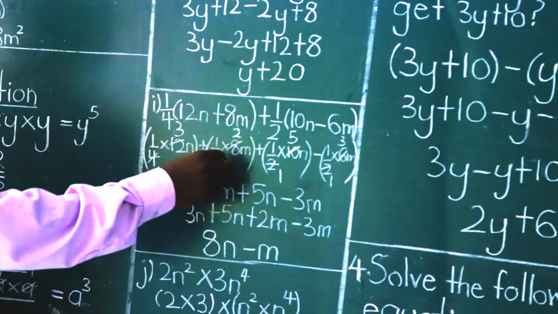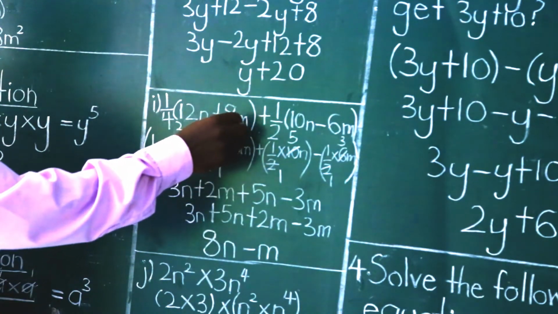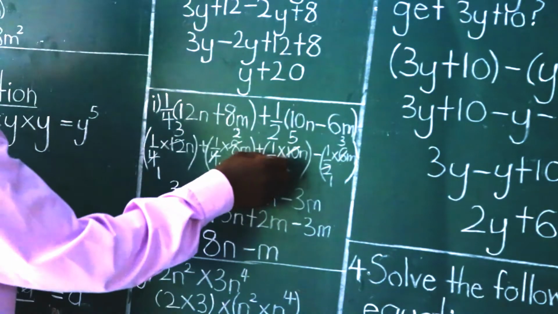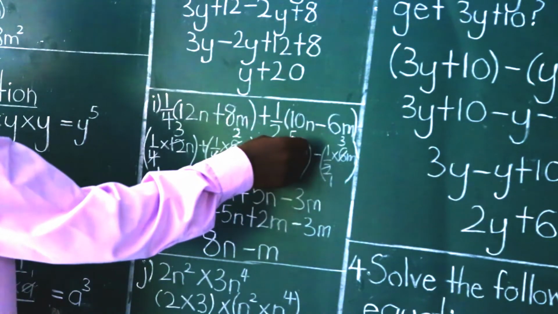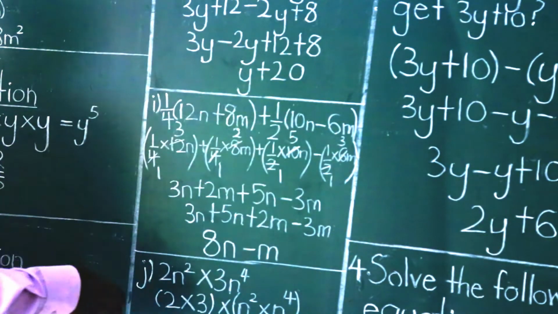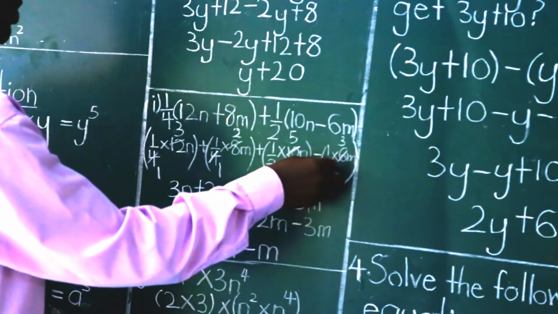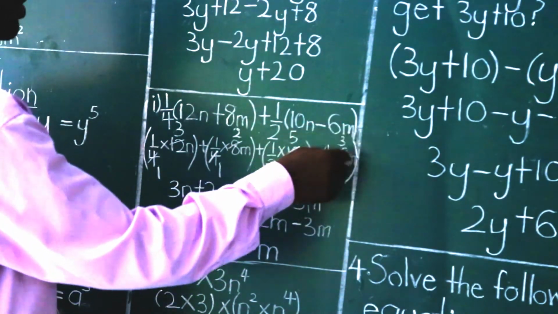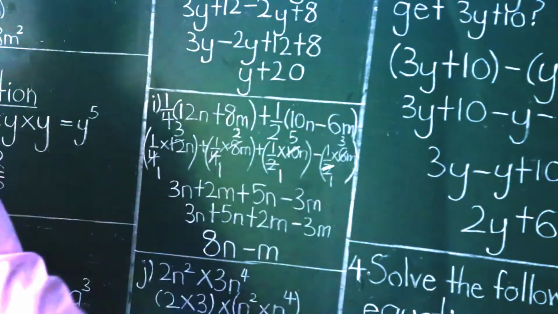Then 4 divided by 4, 1. 8 divided by 4, you get 2, that's 2m. Then 2 divided by 2 is 1. And then 10 divided by 2, you get 5. That's 5n. Then 2 divided by 2, you get 1. 6 divided by 2, you get 3. Remember m, of course 3m.